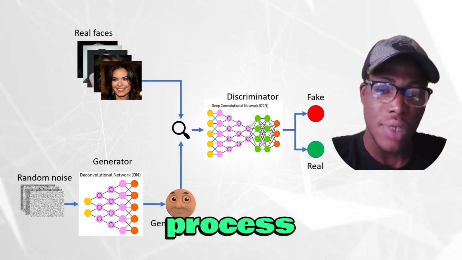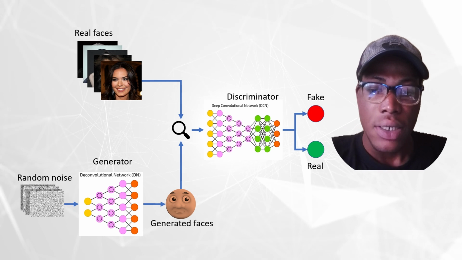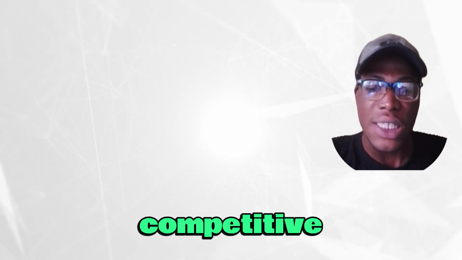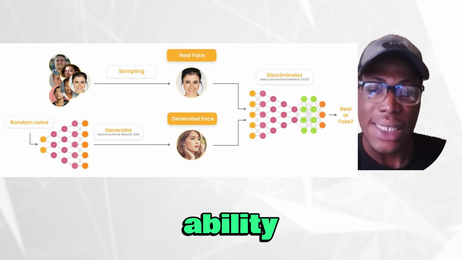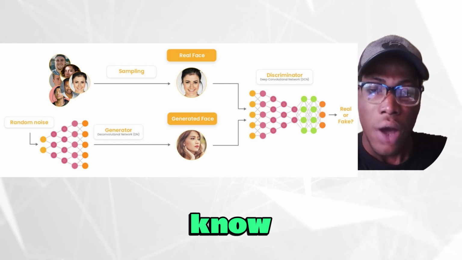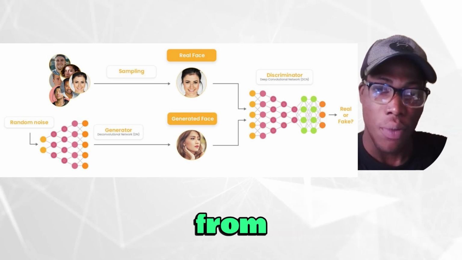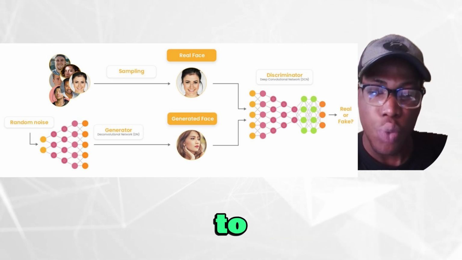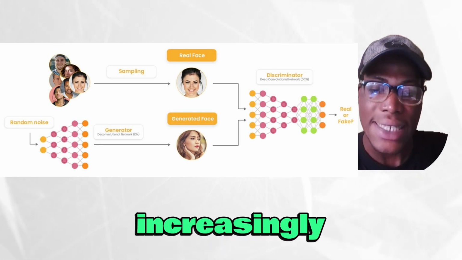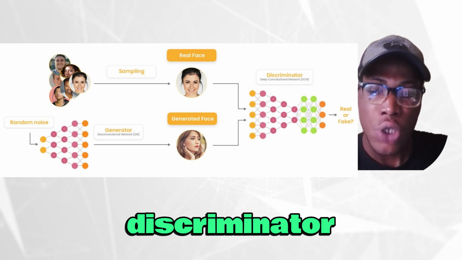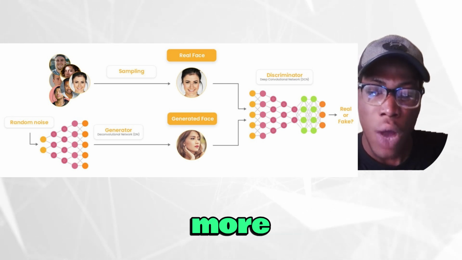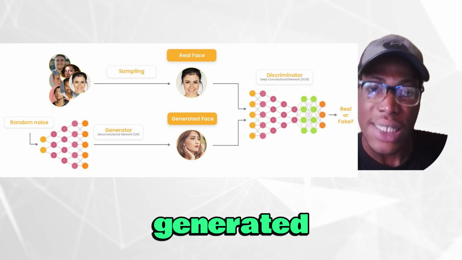During the training process, the generator and discriminator engage in a competitive game, constantly improving. The generator aims to produce samples that are increasingly similar to the real data, while the discriminator becomes more adept at identifying the generated samples.